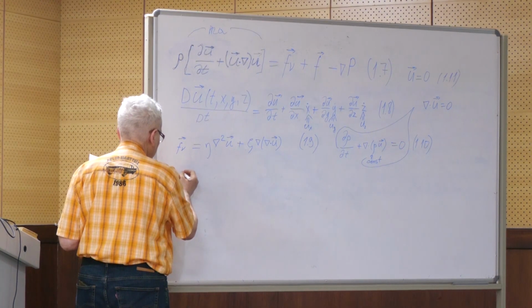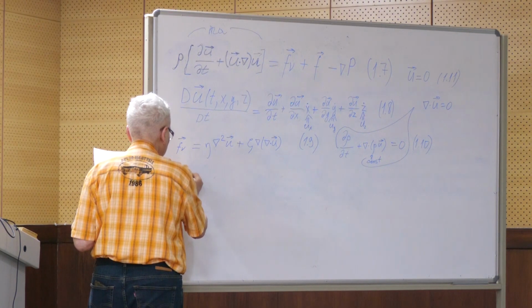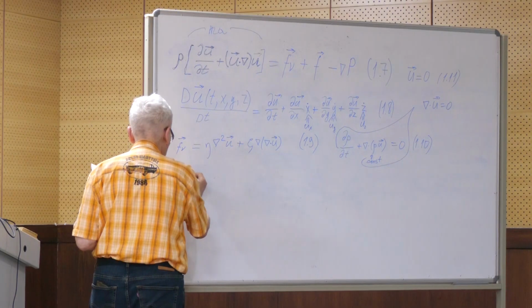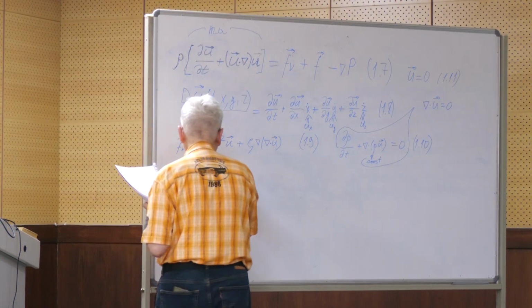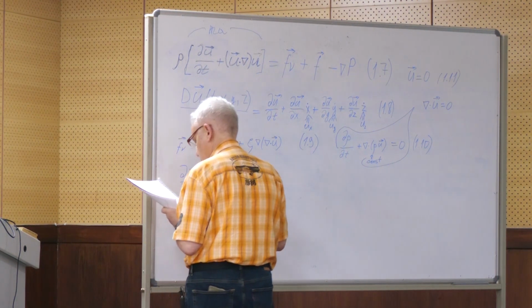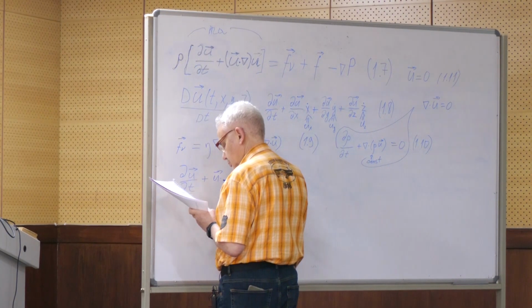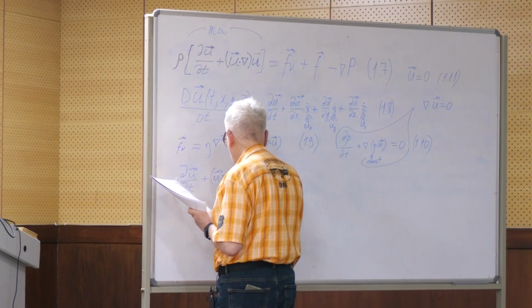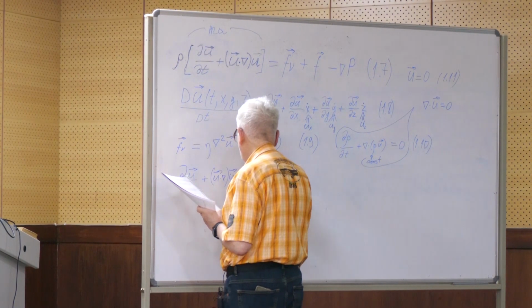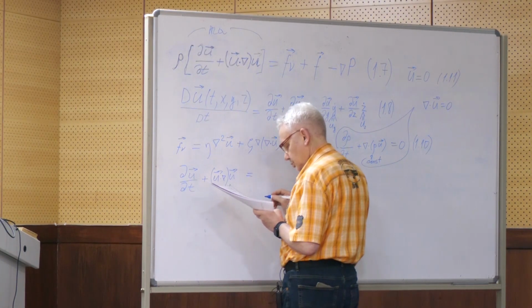And this is, of course, first of all, the Navier-Stokes equation: du by dt plus u dot gradient u equals.